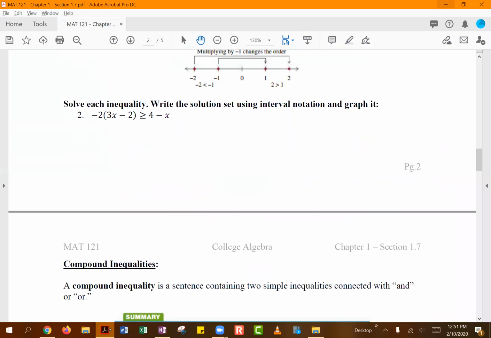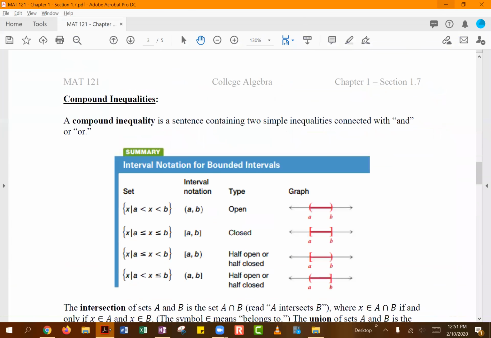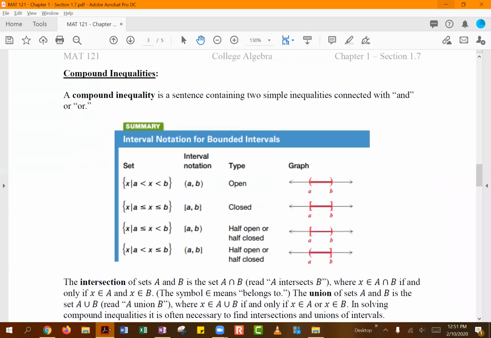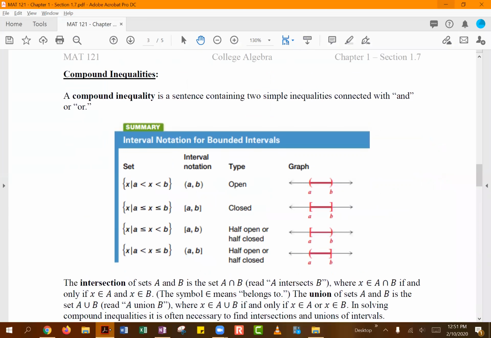Okay, so compound inequality means you will have two of these inequalities separated by the word and or or. So sometimes you can have these three-part inequalities, which are actually a version of the and inequality. So in this case, you're sandwiched between two numbers, right? So instead of going all the way to infinity or negative infinity, you can be between two numbers.